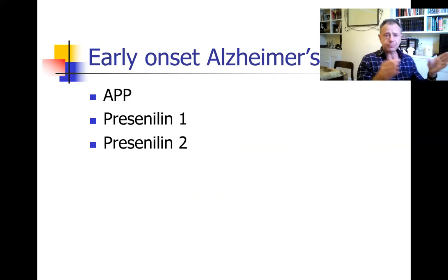And then they showed that the presenilins are involved in processing amyloid precursor protein. So you had a very neat picture, the APP story of early onset Alzheimer's disease: if something goes wrong with processing APP, then you can get Alzheimer's disease.